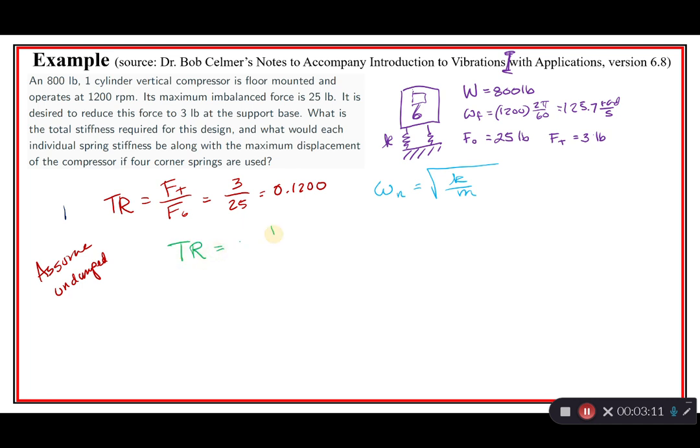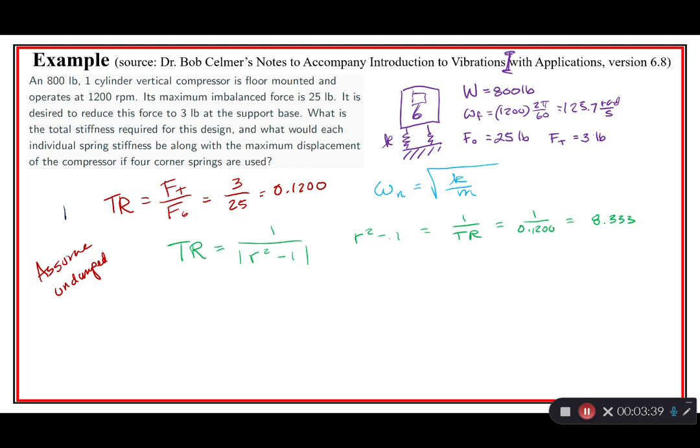So the transmissibility is 1 over r squared minus 1. All right, so that should be the absolute value of it, by the way. So we'll take r squared minus 1 is equal to 1 over the transmissibility, which ends up being 1 over 0.12, which equals 8.333.